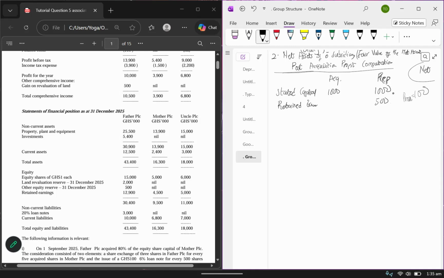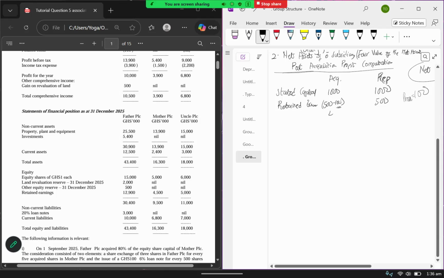So you can choose to subtract this 100 from the 500. If you subtract this year's profit from the retained earnings at the reporting period, it will give you the retained earnings at the beginning of the accounting period, which is 400.